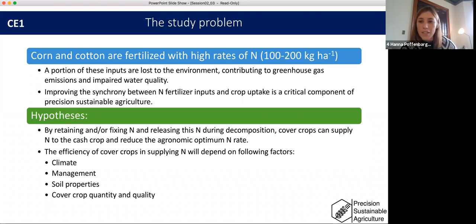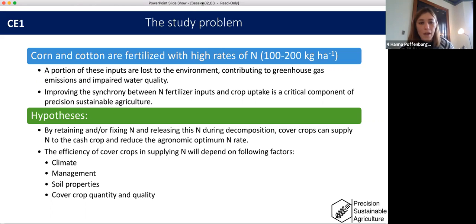To advance this goal of precision sustainable agriculture, we want to address how nitrogen fertilizer can be managed best in cover crop based systems. Our hypothesis is that by retaining nitrogen, or fixing nitrogen in the case of a legume, the cover crop can provide some nitrogen to the cash crop and thus reduce what we call the agronomic optimum nitrogen rate, the rate that's going to maximize yield, or the economic optimum nitrogen rate, the rate that would maximize profits.